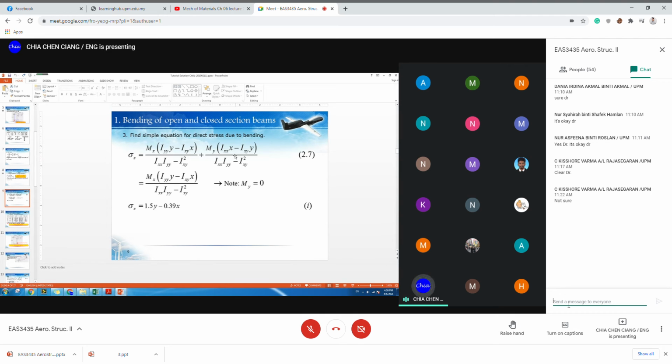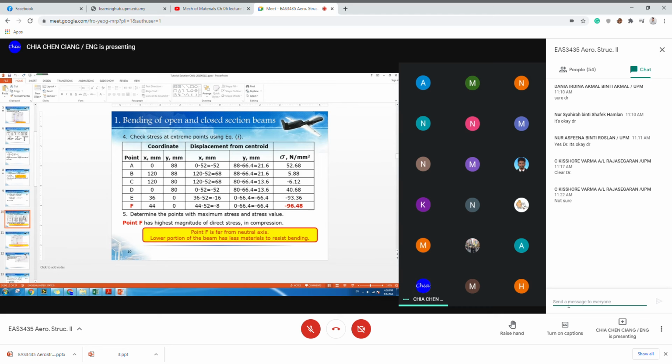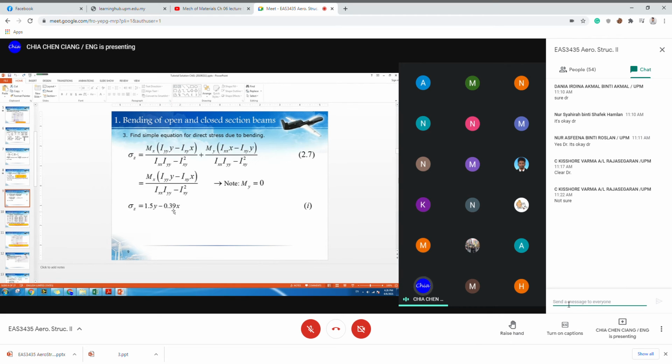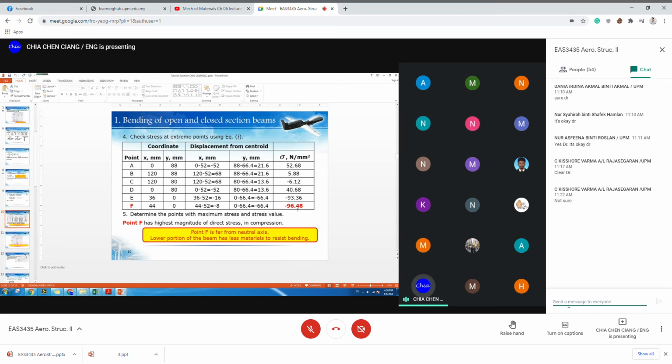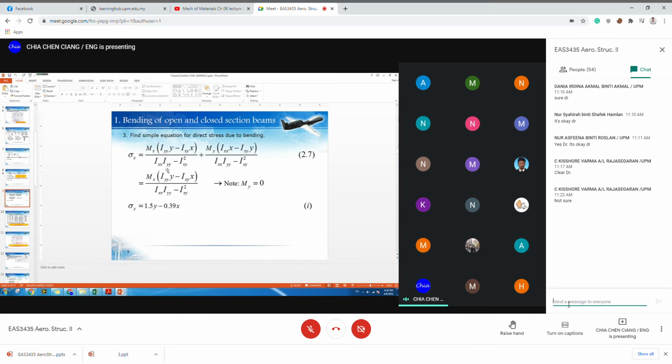They should change so that this equation changes, and eventually the stress we calculate using the modified equation would give a value less than 80 Newton per mm squared. So the key is to increase the moment of inertia.